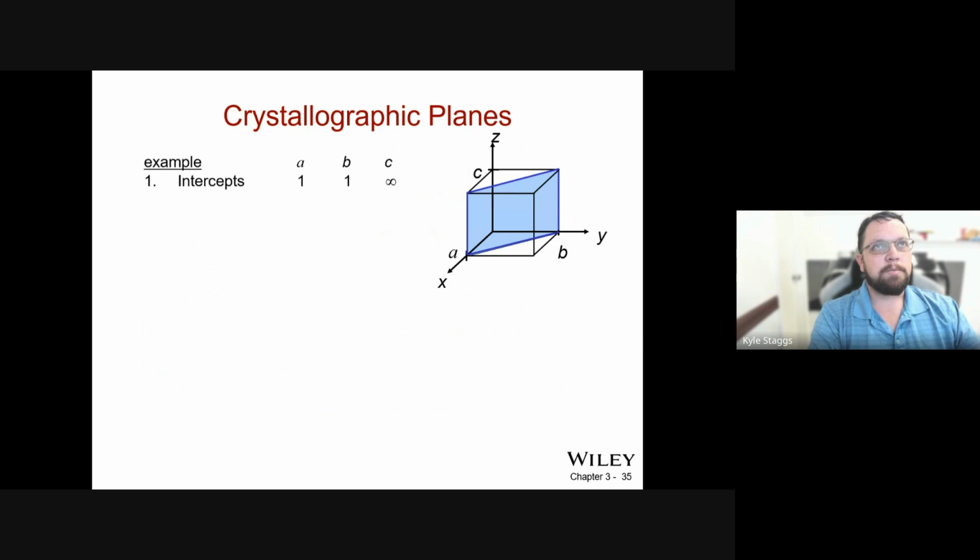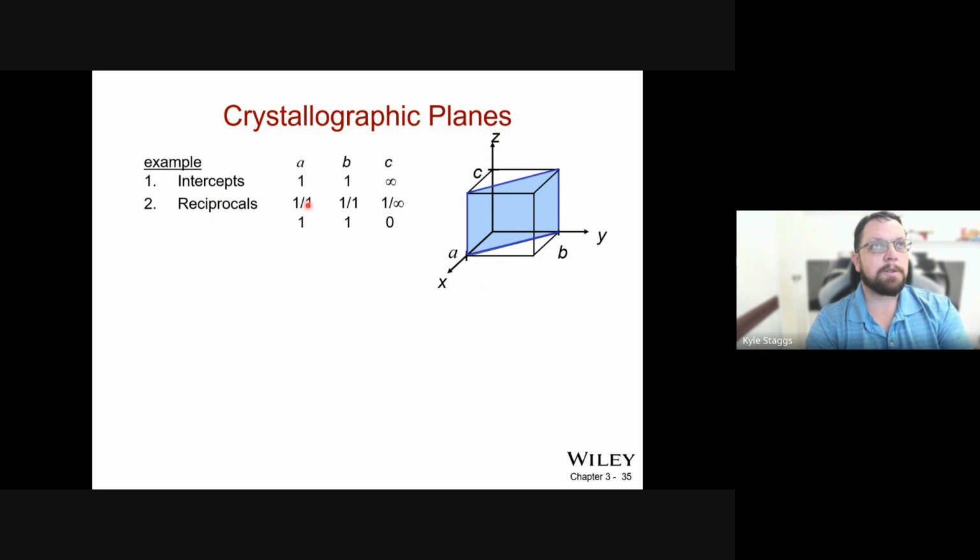So the intercepts are 1 at A, 1 at B. The infinite value here for C, because it's anywhere along the z-axis.